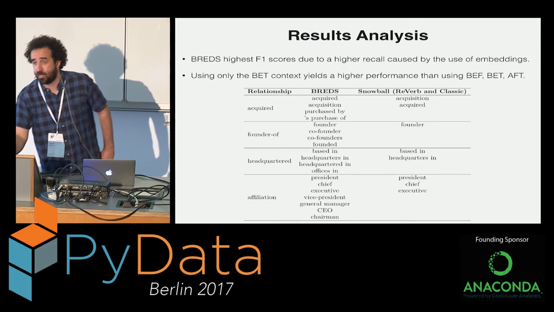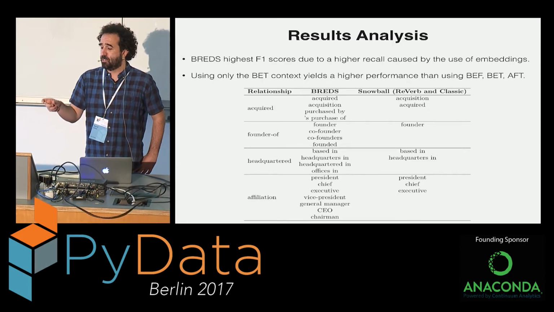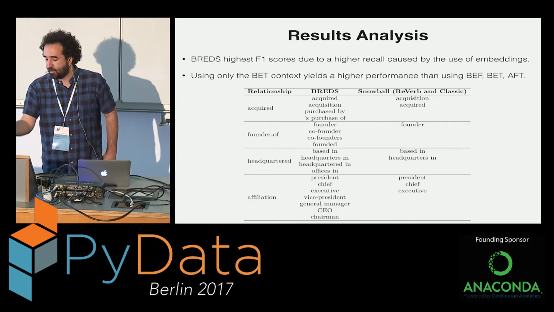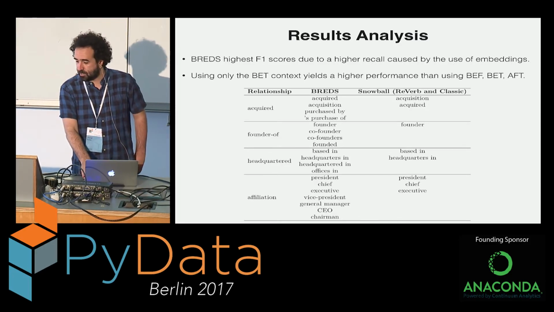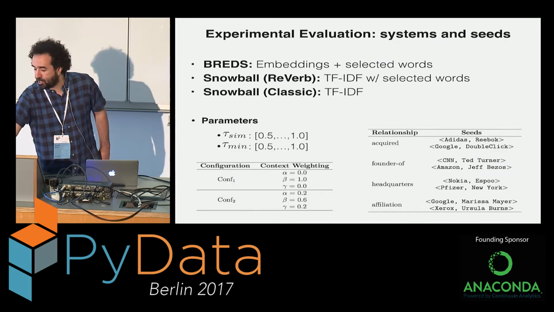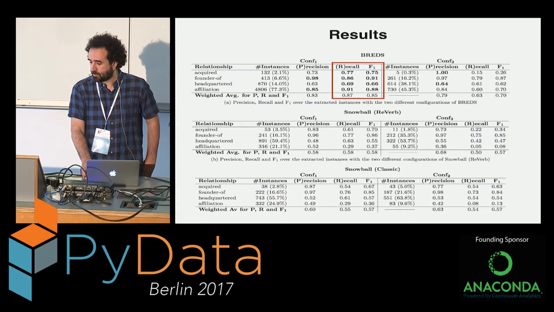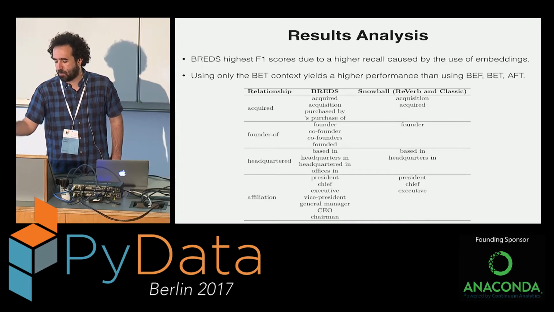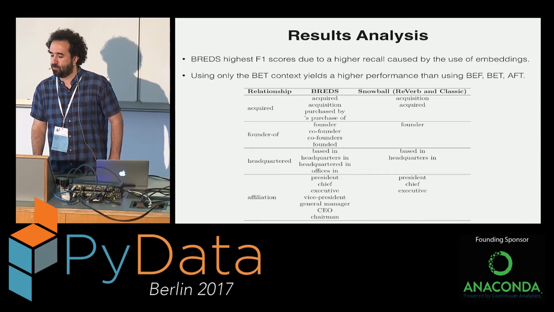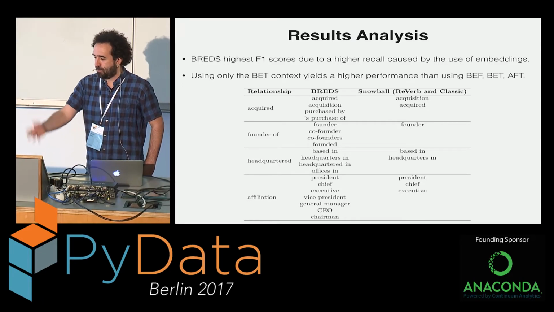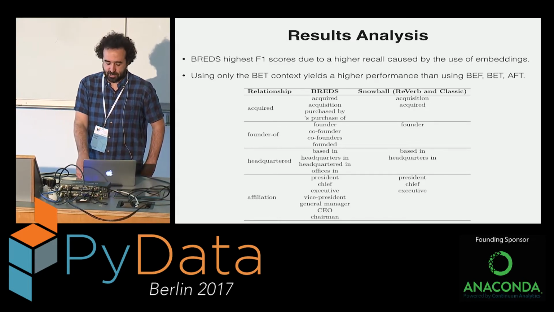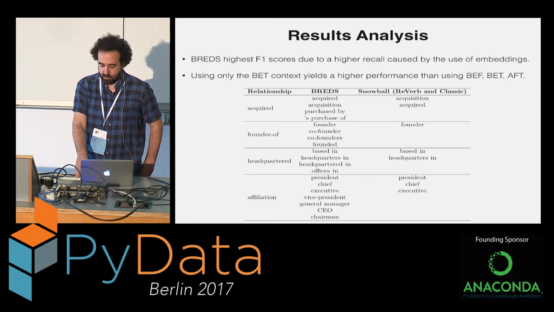These are just the top words the system used to extract relationships. But you can see clearly that given just 2 seeds, since for every relationship I only gave 2 seeds, especially for affiliation, I could get many more related words that co-occur with those. And the other systems, being based on TF-IDF, just got stuck on those simple words.